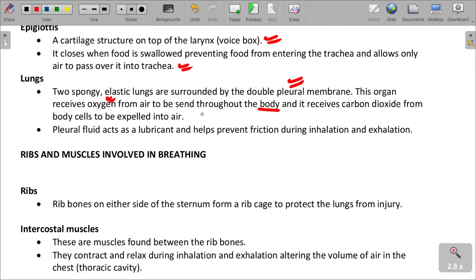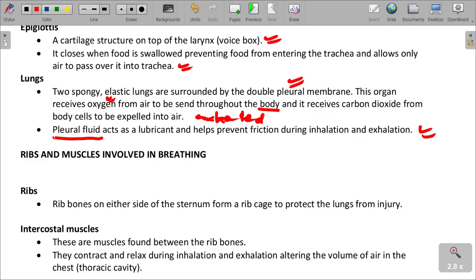So the lungs also receive carbon dioxide to be exhaled, to be released out of the body. The pleural fluid acts as a lubricant and helps prevent friction during inhalation and exhalation.